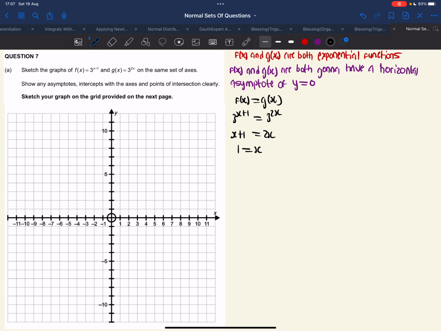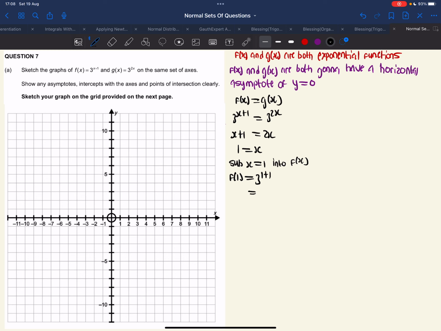Let's substitute x equals 1 into f of x. If we do that, we get f of 1 equals 3 to the power of 1 plus 1. I think you should get 9.